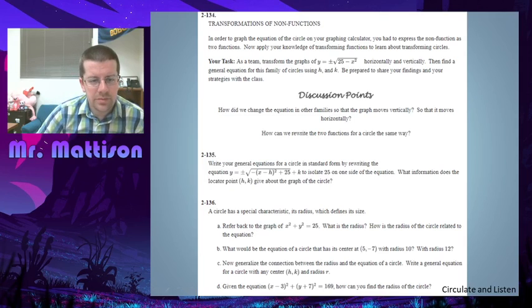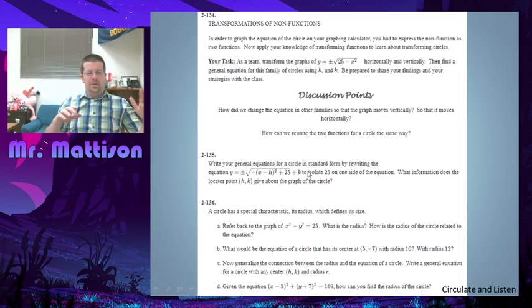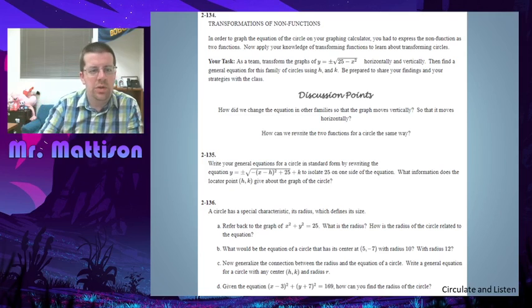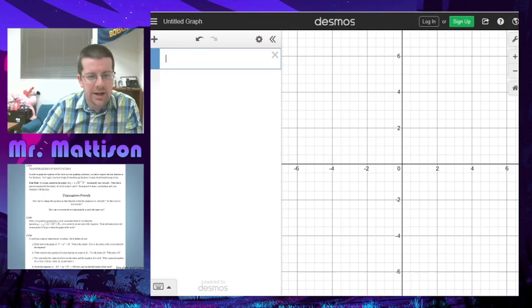So if we change this h and this k, the h will move left, right, the k will move up and down. So what did you find happened to the actual circle when you changed those two parts on your graph? Well, let's check it out. Right?